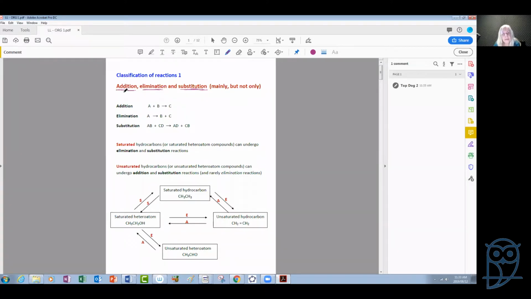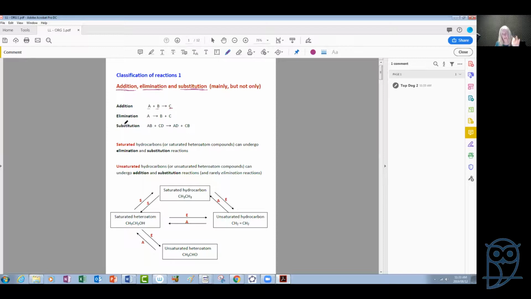Now, the addition reaction is when we add two species together and the result is one single product.